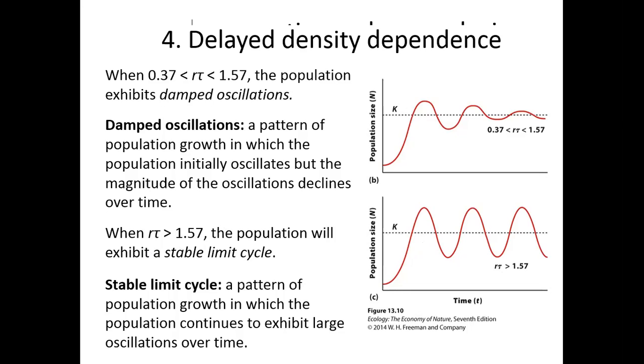So the longer the time lag, the more likely it is to get fluctuations, and the stronger the fluctuations are. The higher they go and the lower they go. But notice that we haven't said anything about extinction. You don't get extinction even with time lags in a continuously growing population.